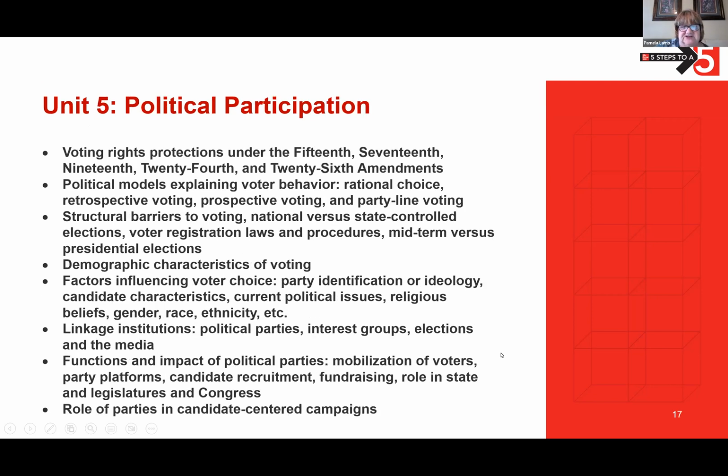Political participation, which includes voting, elections, election behavior, third parties. It also includes political parties, interest groups, and even the media. There's really 4 major areas of political participation. And again, this is also, along with Unit 2, one of the major units of the course.